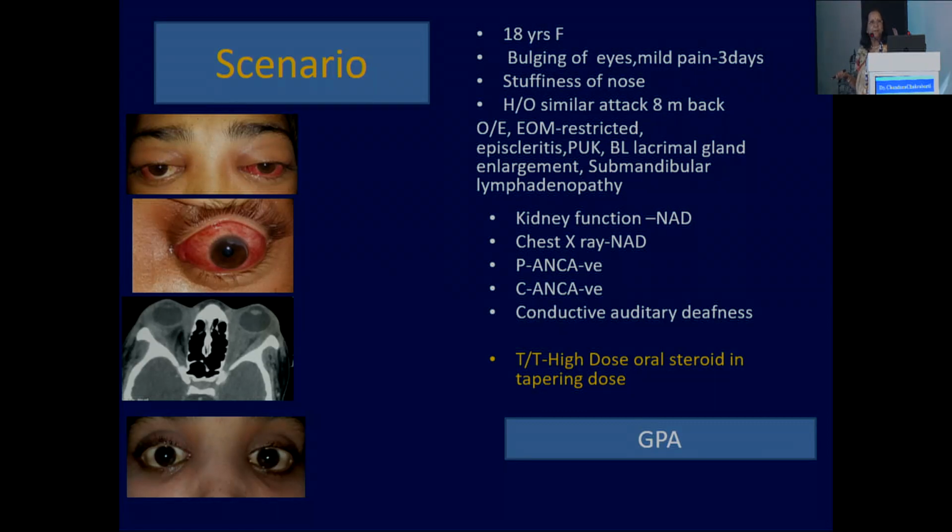C-ANCA, P-ANCA may be negative at the beginning; in only 30% of the cases they become positive. So maybe in future the patient can turn up again with a full-blown picture. The only thing you have to tell the patient is that there may be a generalized, systemic involvement, like the kidney function, and you have to test this.